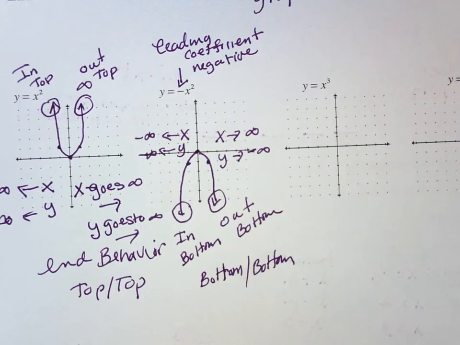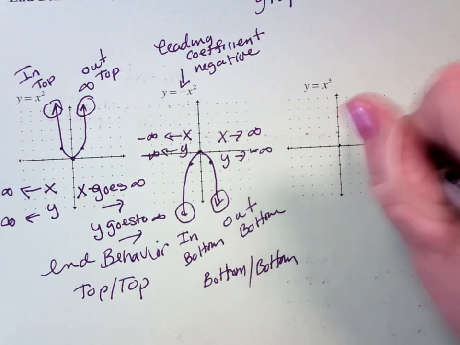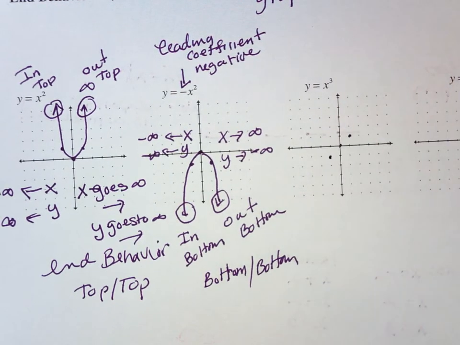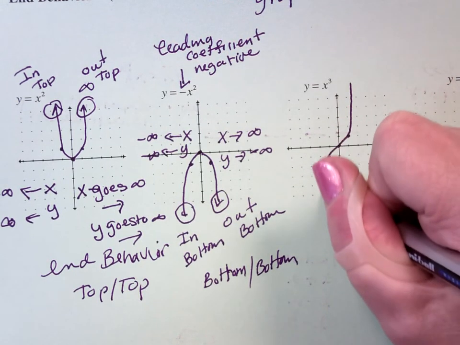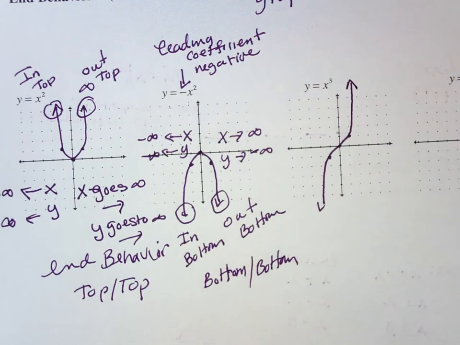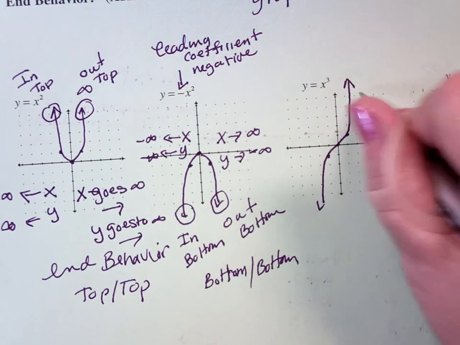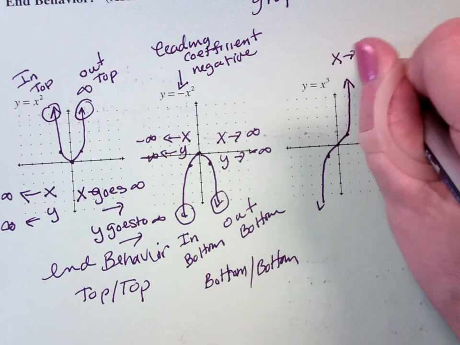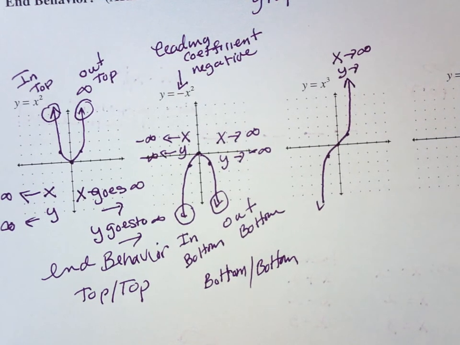Odd degree polynomial is represented by x cubed. X cubed kind of looks like a little S curve. So it looks like this. I notice that as x goes to infinity, where's y going? Positive infinity.